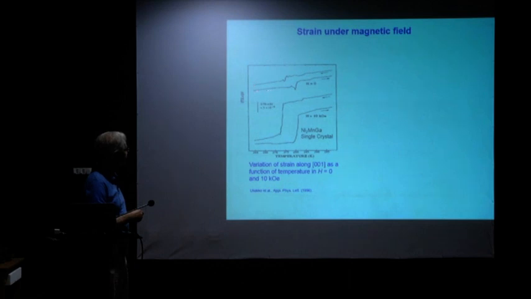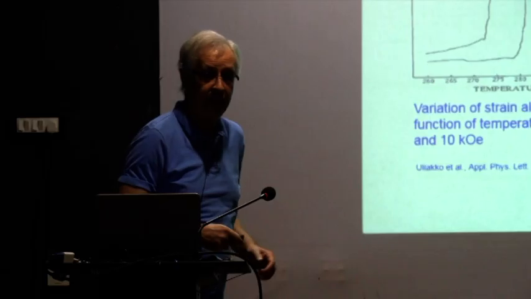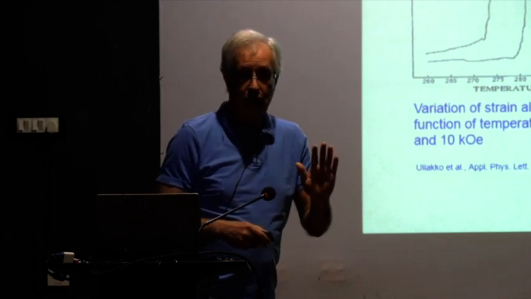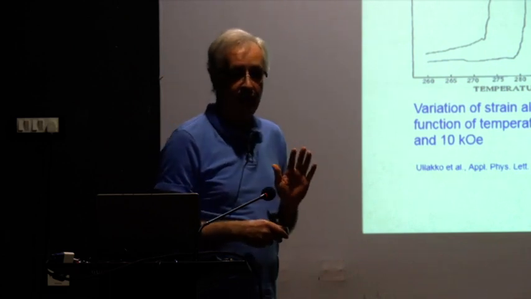If you come back up again, you have the reverse martensitic transition with a little hysteresis, and it goes back up again, in the event that you apply no magnetic field.